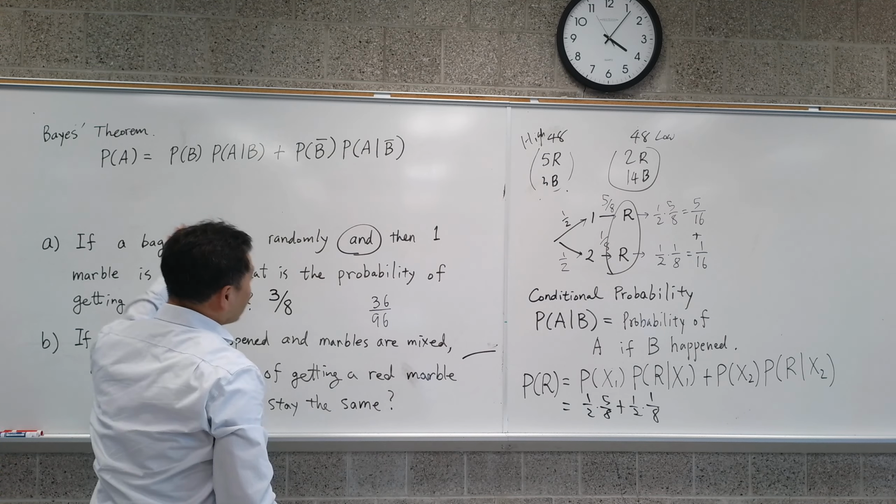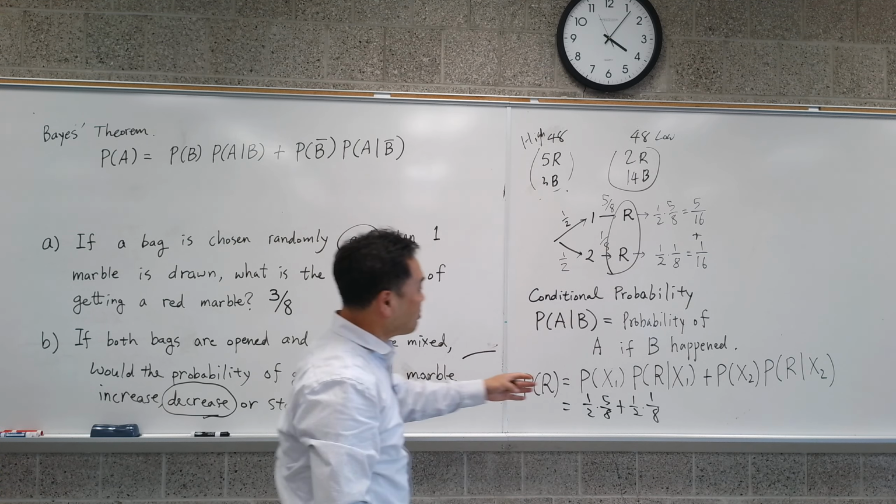What I wrote here is just a repackaging of this. See, if x1 is the event that you choose the first bag, then what's the event that you choose the second bag? The complement of not choosing the first bag is the same as choosing the second bag, right? So that's what B complement means. Okay, so this is the formula.